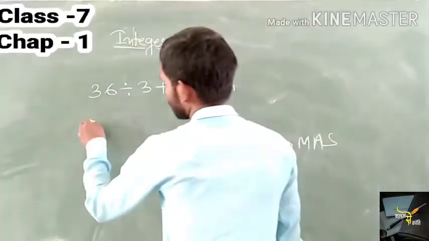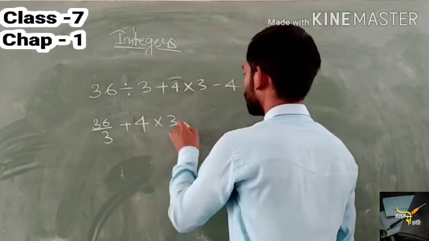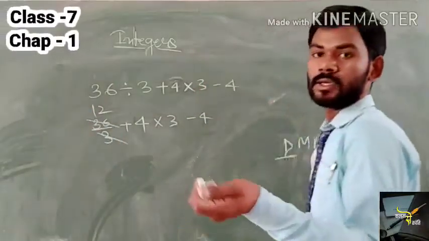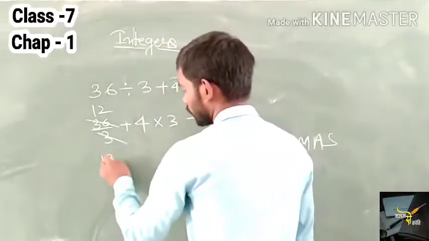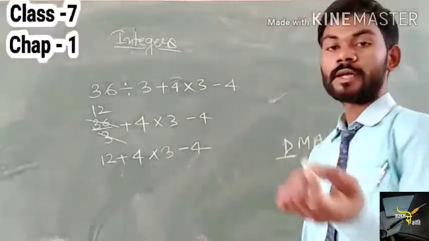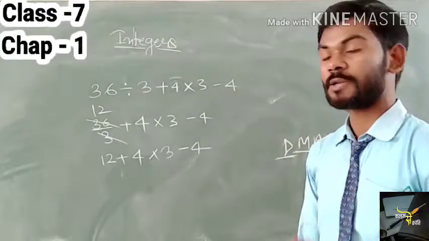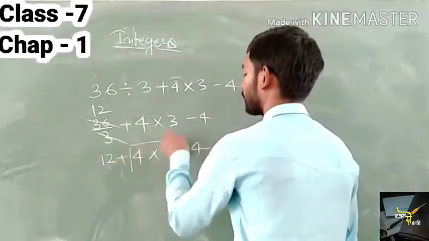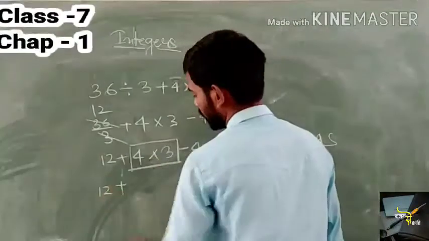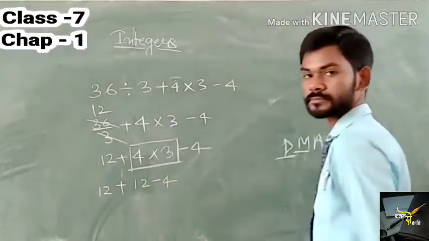So here we write 36 divided by 3 plus 4 multiplied by 3 minus 4. 3 ones are 3 and 12 threes are 36. So here we get 12 plus 4 multiplied by 3 minus 4. Now the second term is M, and M stands for multiply. Therefore we multiply these two terms. So here we write 12 plus 4 threes are 12 minus 4.